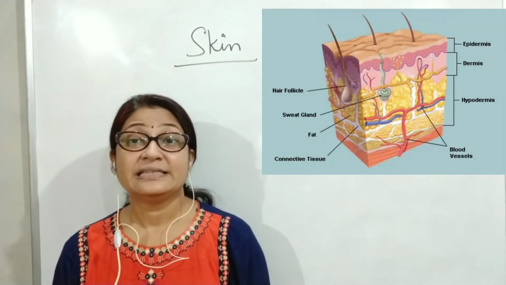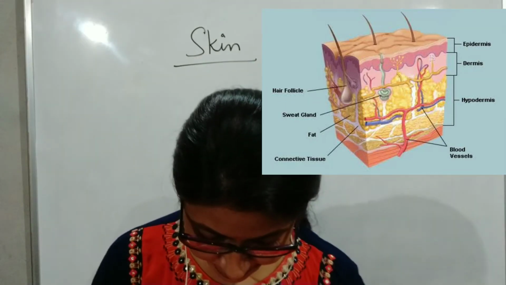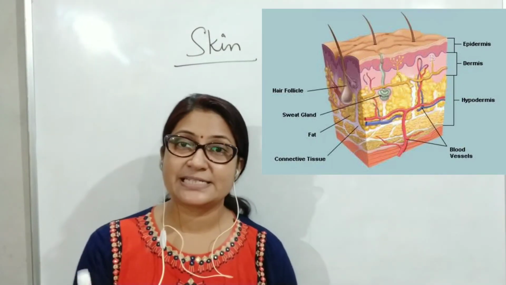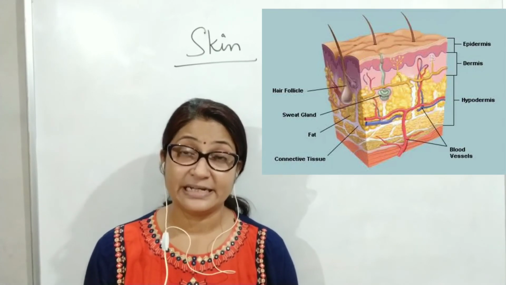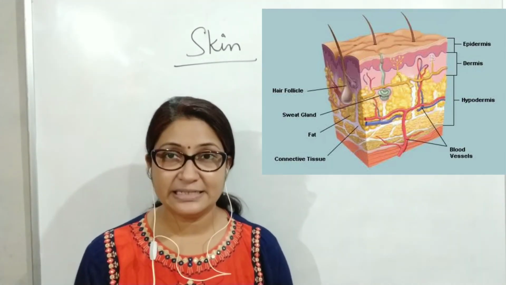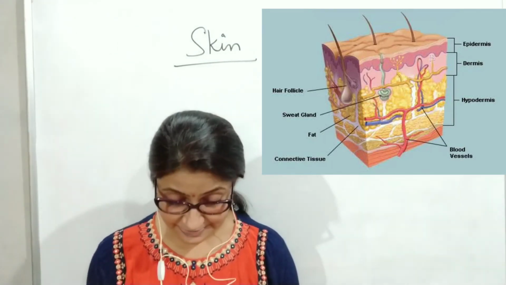Then secondly, this skin protects our body. Whichever things are present under this skin are protected by the skin, may it be your muscles, your bones, and many such things.